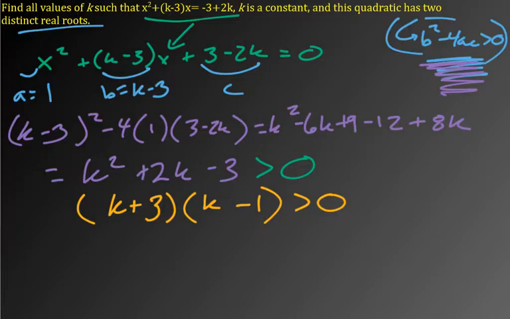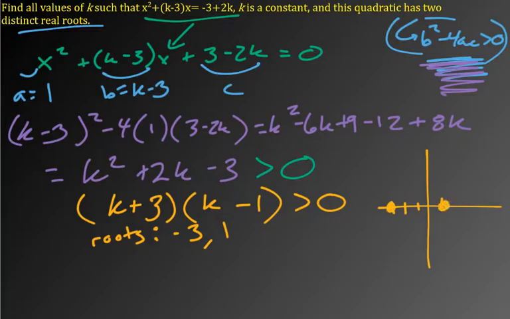And this is nice because I can see the roots right now are just the opposites of these numbers, the connection again between roots and factors. So if I do my rough sketch now, we got a root at negative 3, a root at 1. We know it's a positive quadratic, so it's doing something like that.